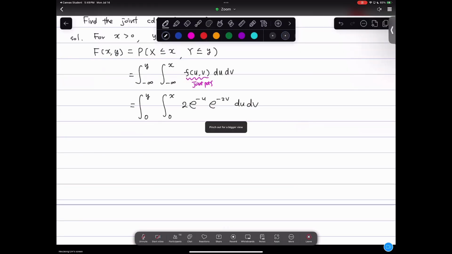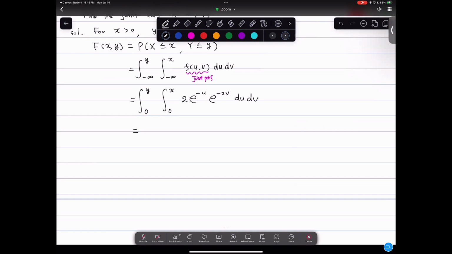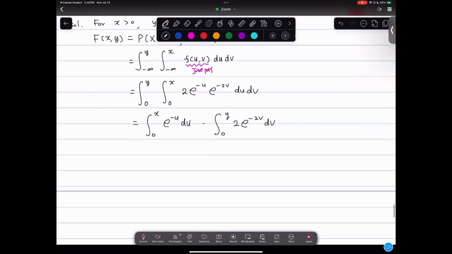When you do this, you will see they are totally separated, so you can actually do this. I'll just do the step and you do the rest of it. At the end, from 0 to x, you get the integral of e to the power of negative u du, and from 0 to y, 2 times e to the power of negative 2v dv. You will have a function which is 1 minus e to the power of negative x, times 1 minus e to the power of negative 2y.